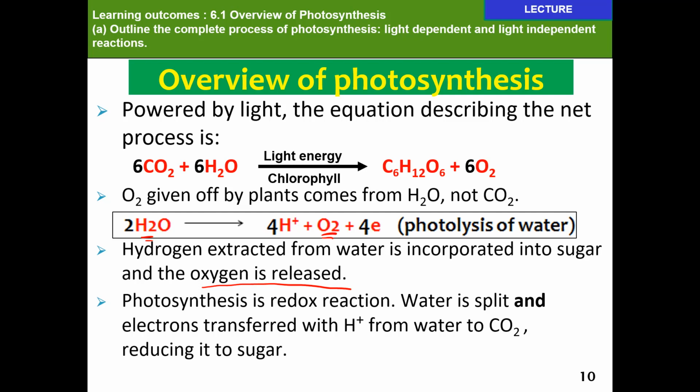Photosynthesis is a redox reaction when the water is split by photolysis of water. The electrons and the hydrogen atoms are transferred to the CO2, which is carbon dioxide, and reduced to sugar.